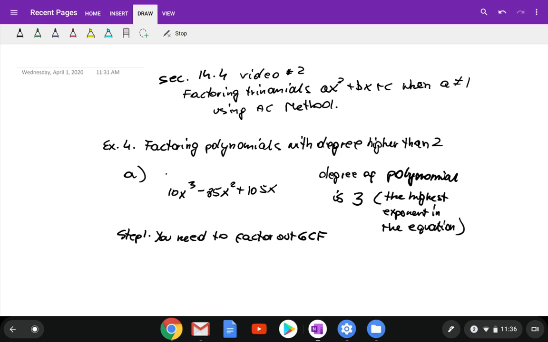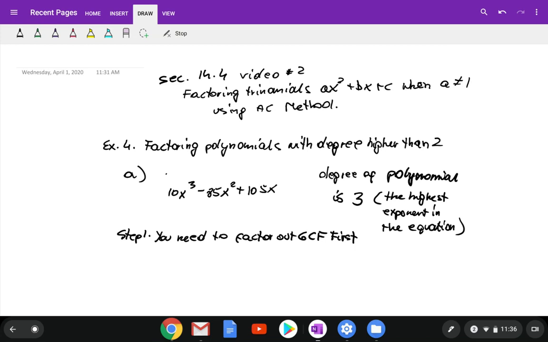We want to get into that quadratic type equation. So you need to factor GCF first. Always when you have a variable to an exponent higher than 2, you're factoring out GCF.